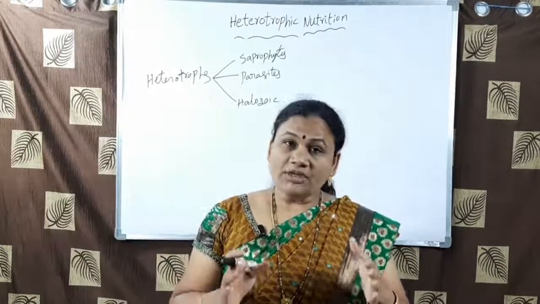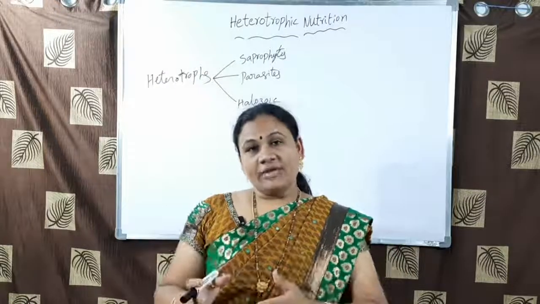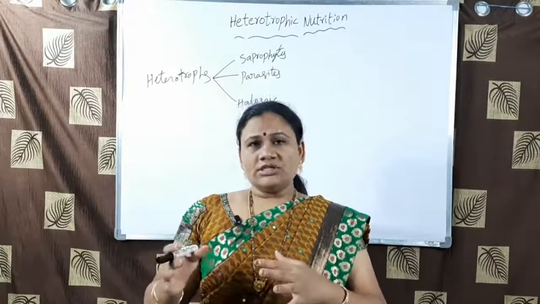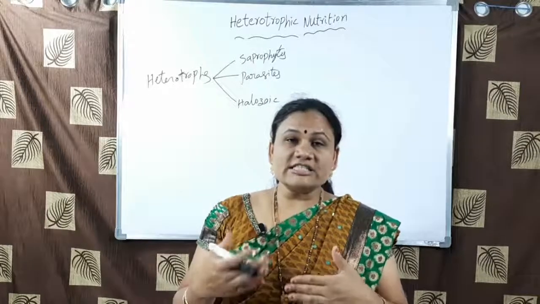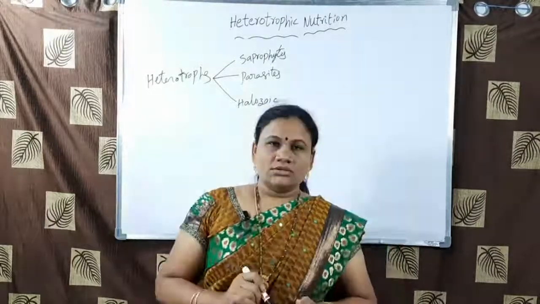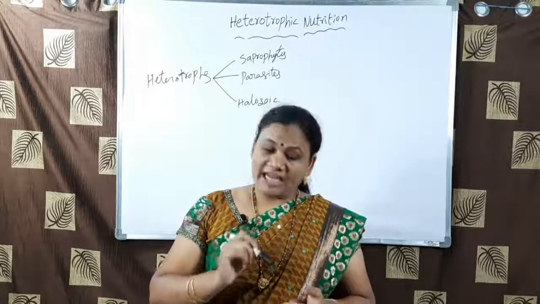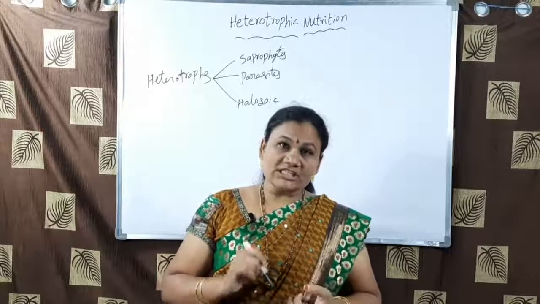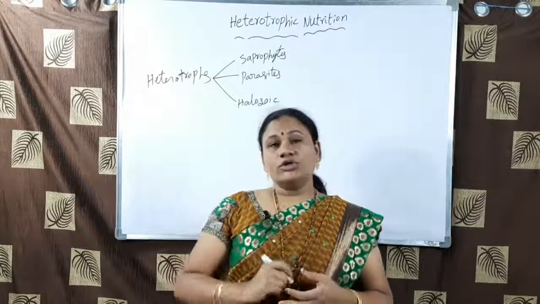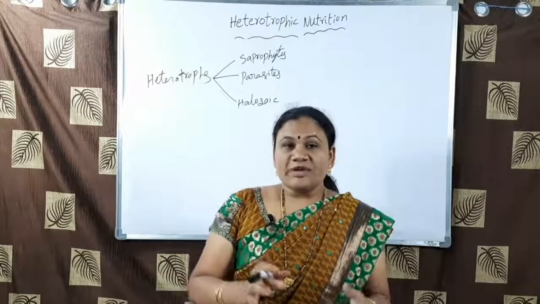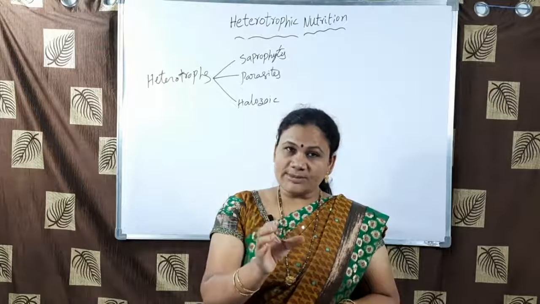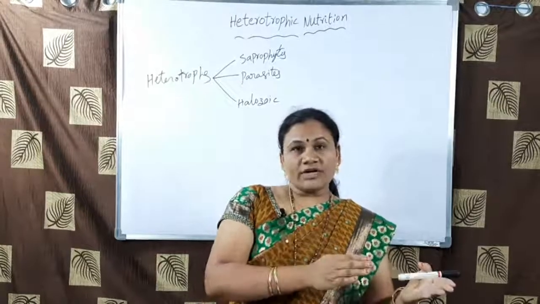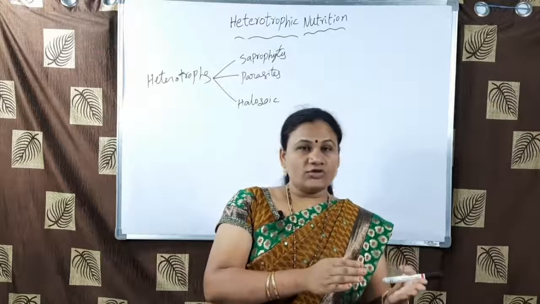Depending upon the type and availability of food, animals adopt various strategies to find out their needs. The type of food and the strategies they follow to acquire food are based on the structure of the body. If the structure of the body is simple, the mode of acquiring food is different and the digestion of food is different.